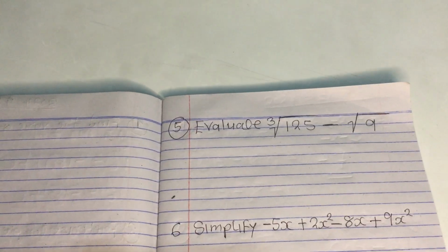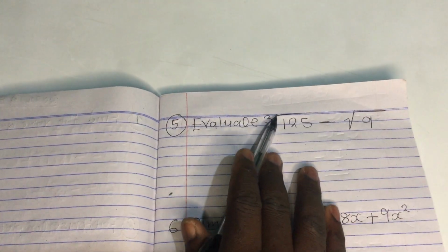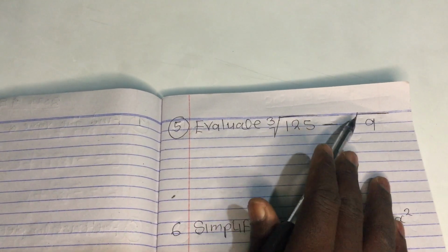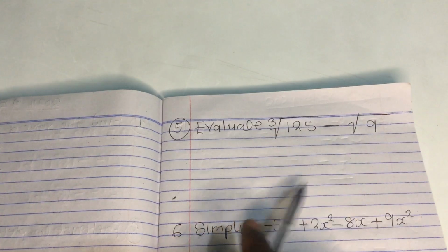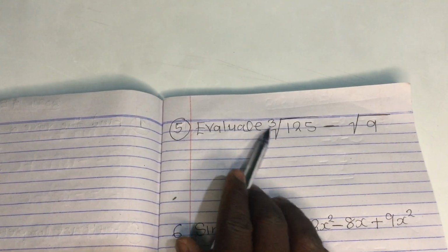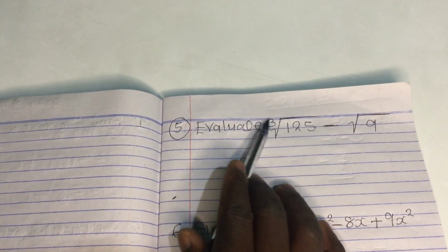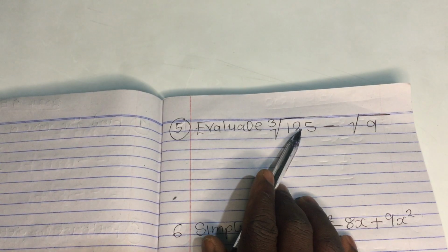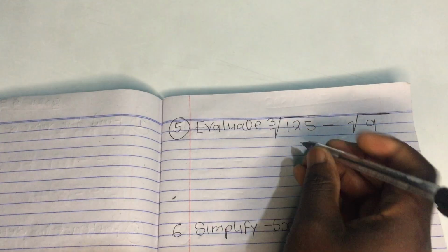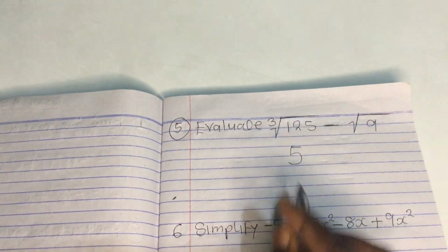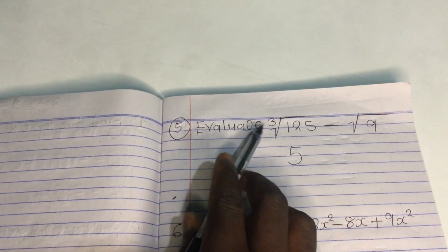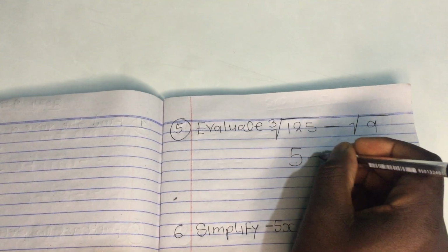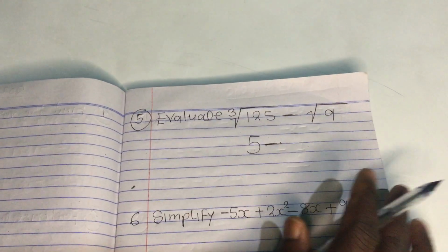Question 5 says, evaluate the cube root of 125 minus the square root of 9. This 3 simply tells you to look for a number which, when you multiply it 3 times, you get 125. And that number is 5. Minus.